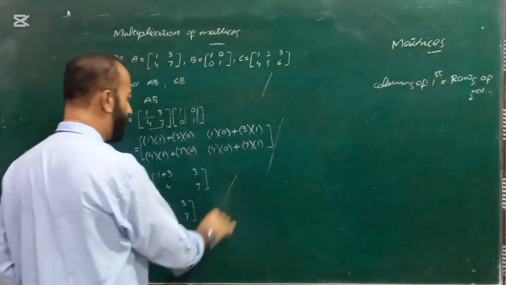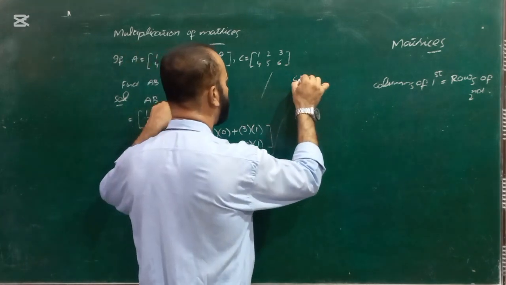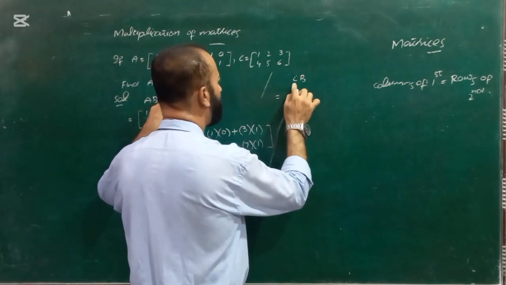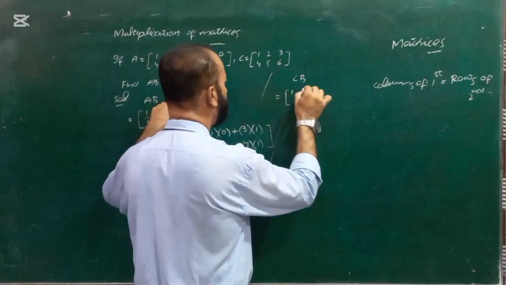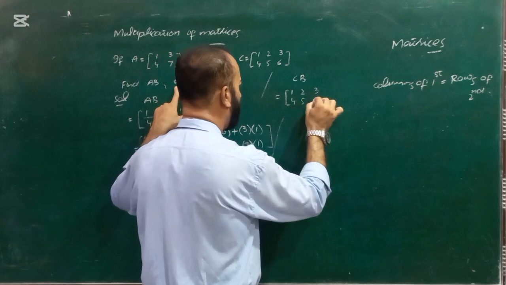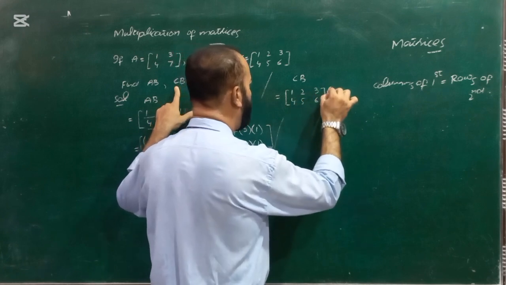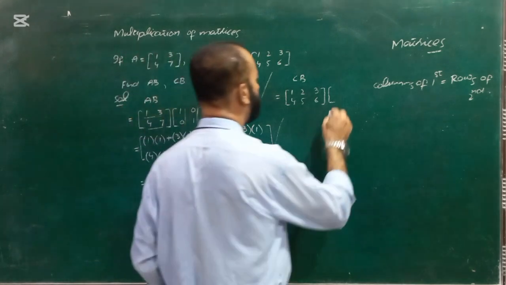Okay, likewise, the second thing that is required is CB. So first C is written. So 1, 2, 3, 4, 5, 6. And then B matrix is written. So B is here, that is 1, 0, 0, 1.